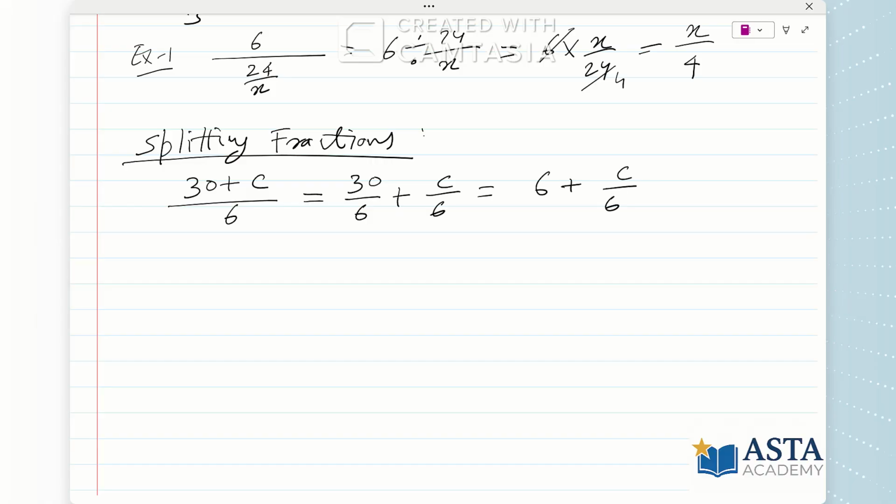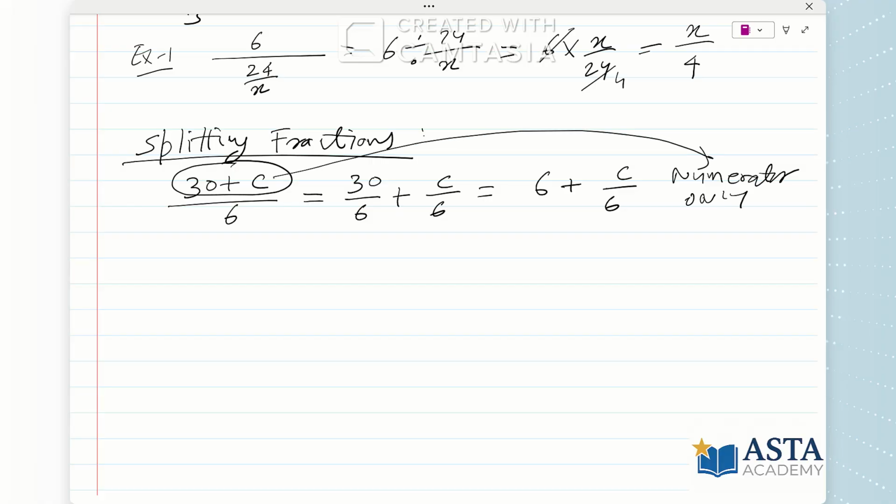Keep in mind that this kind of splitting is done based on the numerator only. If in the numerator you have plus or minus, you can do the splitting like this. But you cannot split when you have the sum in the denominator. For example, 3 divided by x plus y.